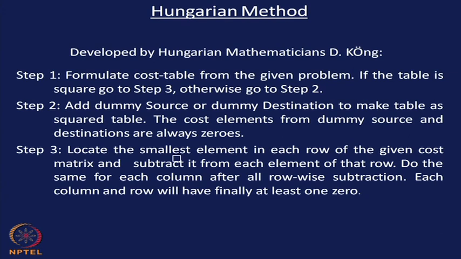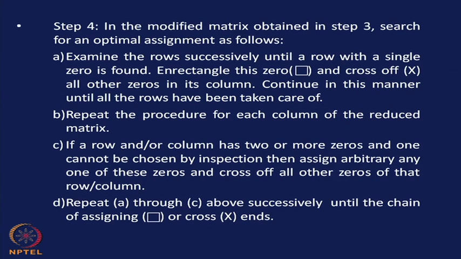At the end, each row and each column will have at least one 0, because you are subtracting the smallest element for each row, and similarly for each column also. So, basically from theorem 1 we know that if you add or subtract some element, the property will remain the same.